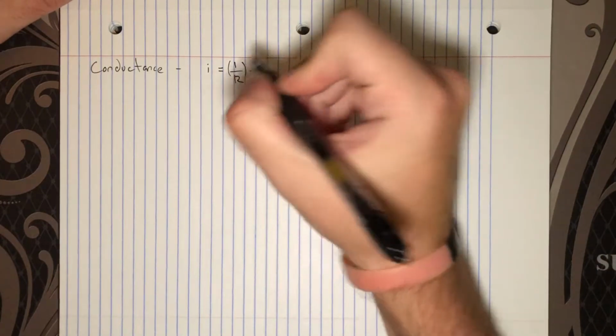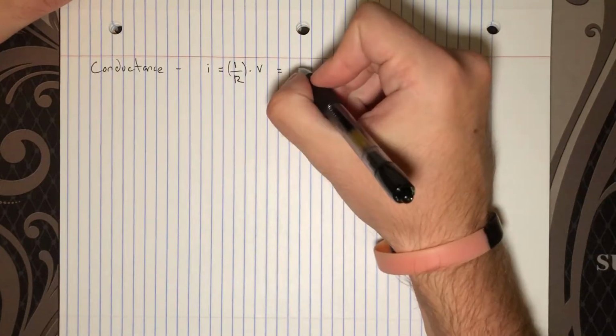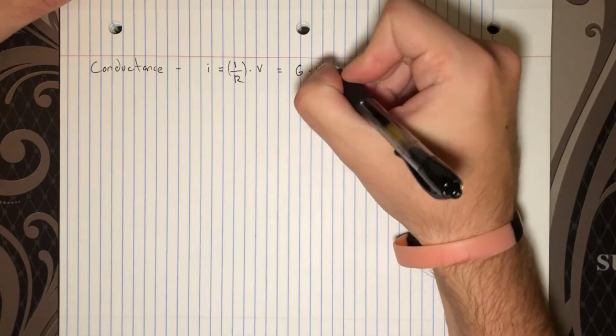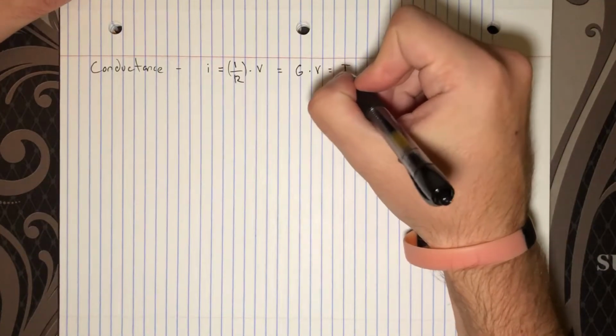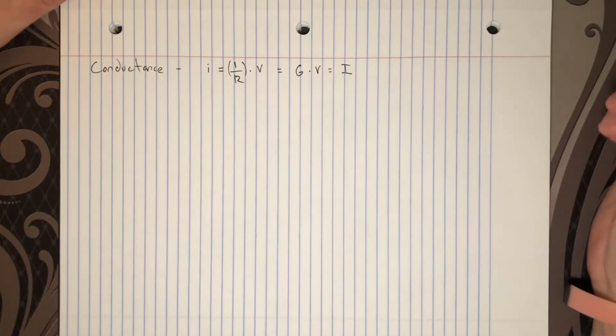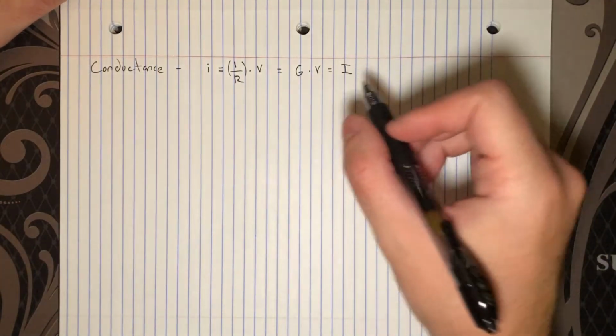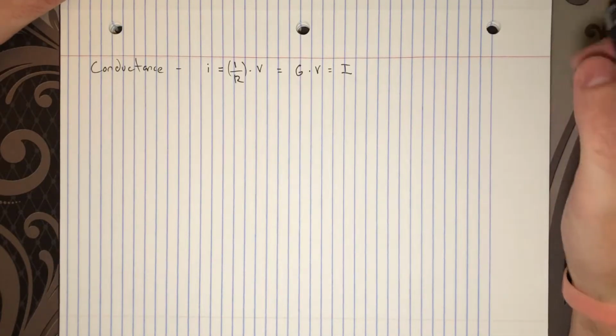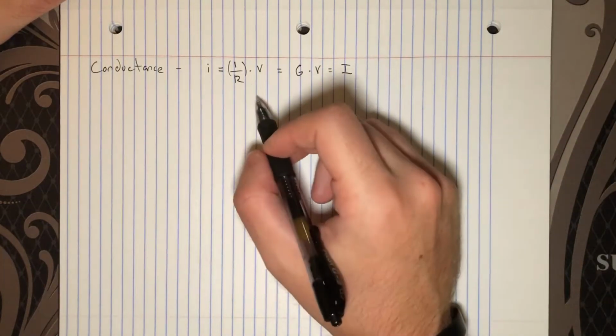So if we took this quantity, 1 over R, we could just write, and we'll usually do big G times V. And again, that equals I. So this is still just Ohm's law. In fact, this is the exact same equation I wrote on the previous page. We're just defining conductance to be 1 over R.